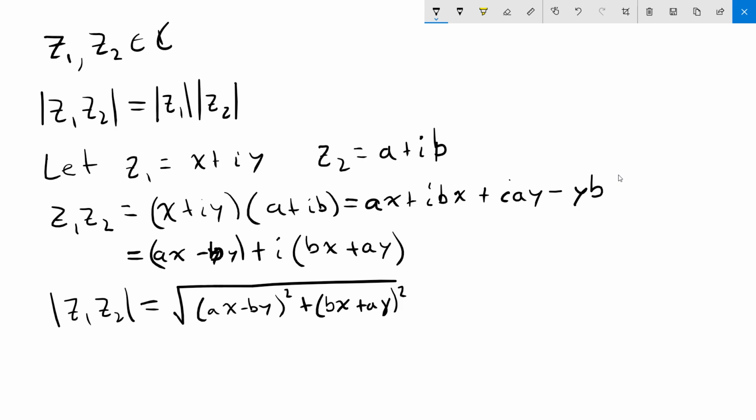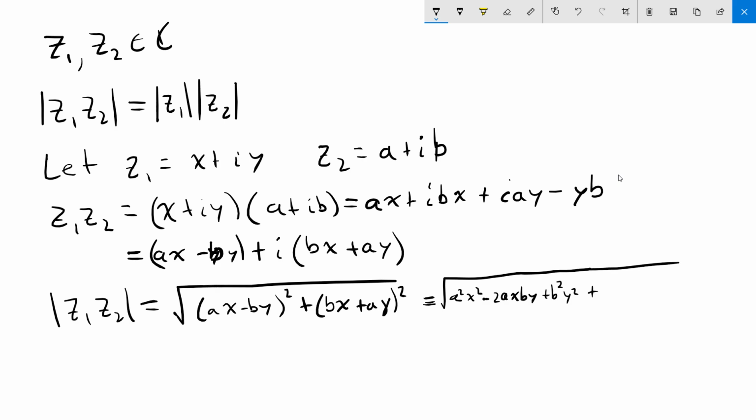Because what we're going to do is start from the other side of the equation. We're going to try and get the modulus of z1 times the modulus of z2 equal to this. Let's see, bx, ay. Yes, okay. Actually, I'm going to go ahead and expand mine as well. So if we were to expand all these terms, we get the square root of a squared x squared minus 2axby plus b squared y squared.